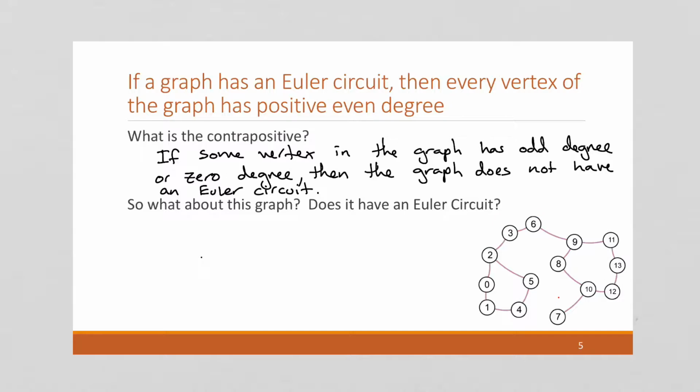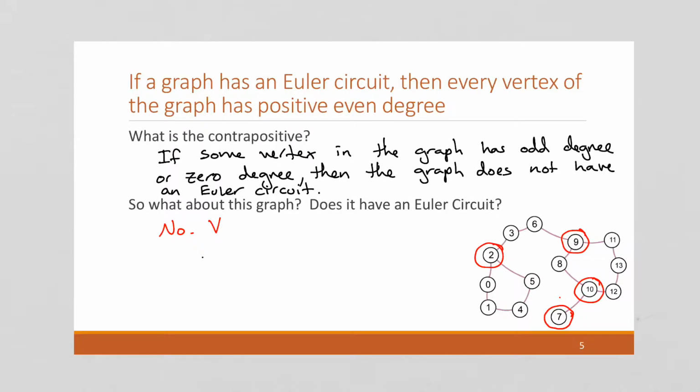However, we can find the vertices of odd degree. There's one, and there's one. Oh, and here's one too, degree of 1. So this does not have an Euler circuit. Vertices 2, 7, 9, and 10 are of odd degree.